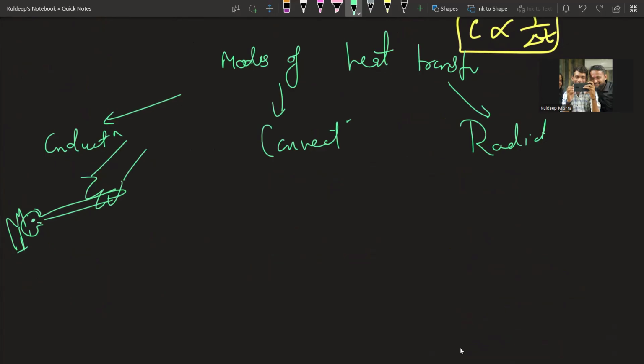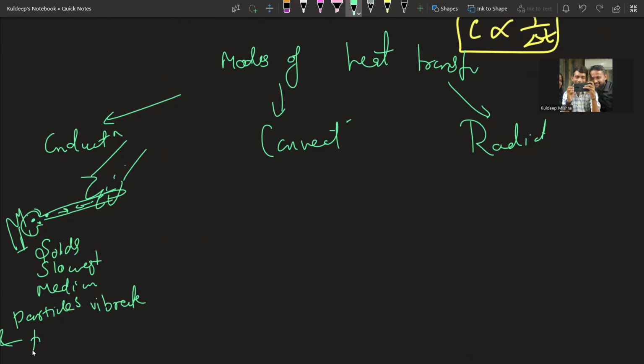The particles vibrate and they push each other and the vibrations reach us, right? So it happens only in solids. It is the slowest mode. It needs medium, and particles vibrate and collide with the neighboring particles and they transfer their energy.